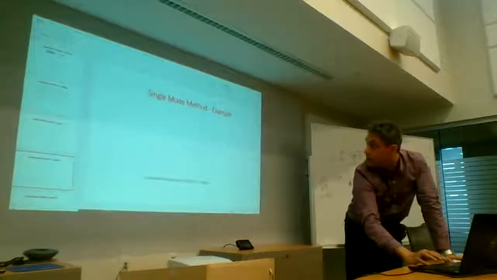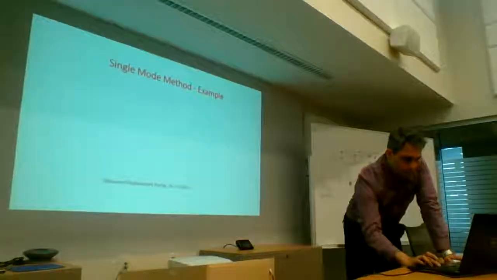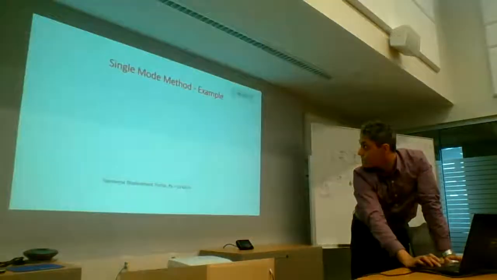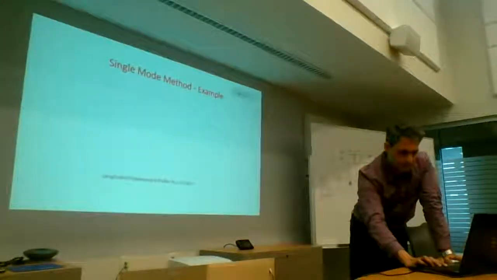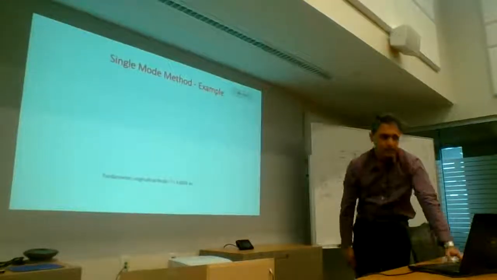Why is it stuck? Oh, I think I have to go to this. Okay, this is the transverse profile. So you see here, and you look at this, and then you look at this.